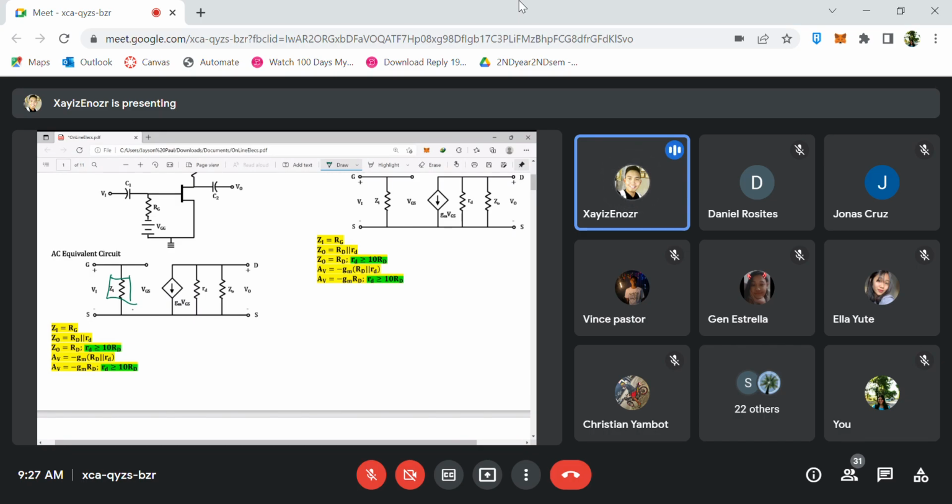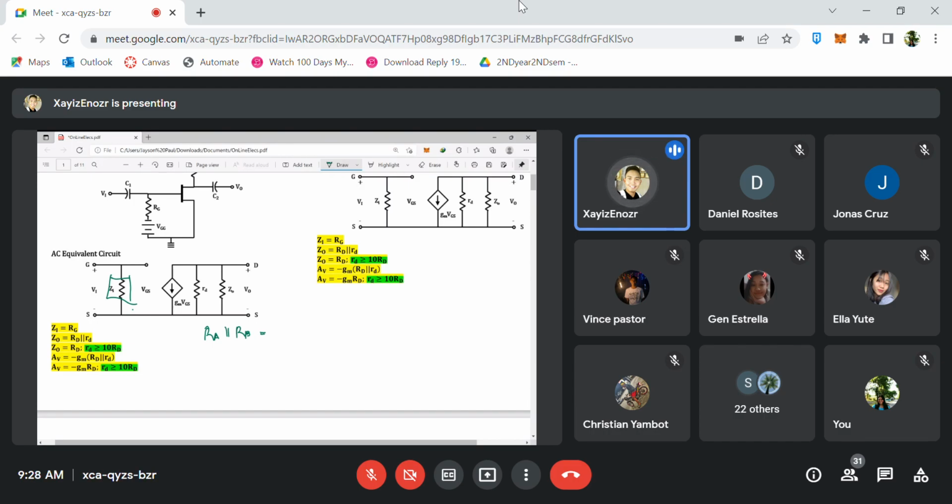Kasi, di ba kasabi ko, kapag may dalawang parallel na resistance, for example, si resistance A parallel with resistance B. Okay, ano magiging resulta ng equivalent resistance nito? So that is supposedly, dapat ang resulting equivalent resistance nito is mas mababa sa pinakamababang value.